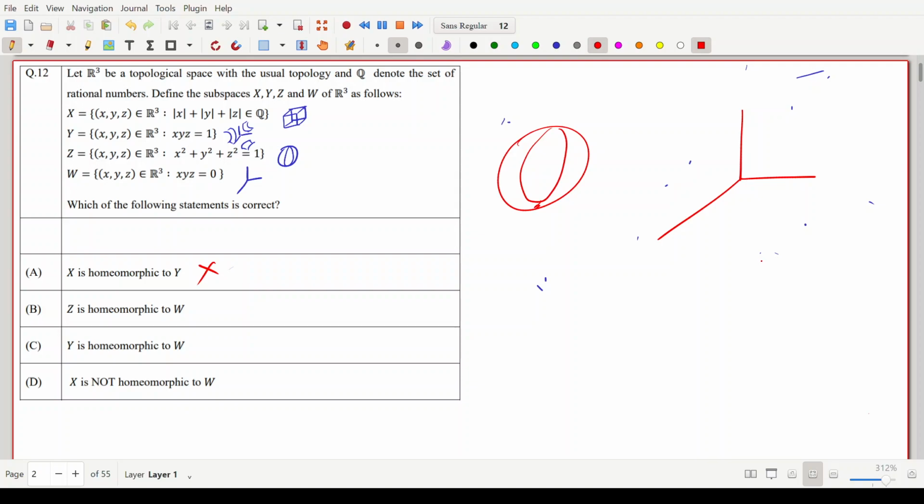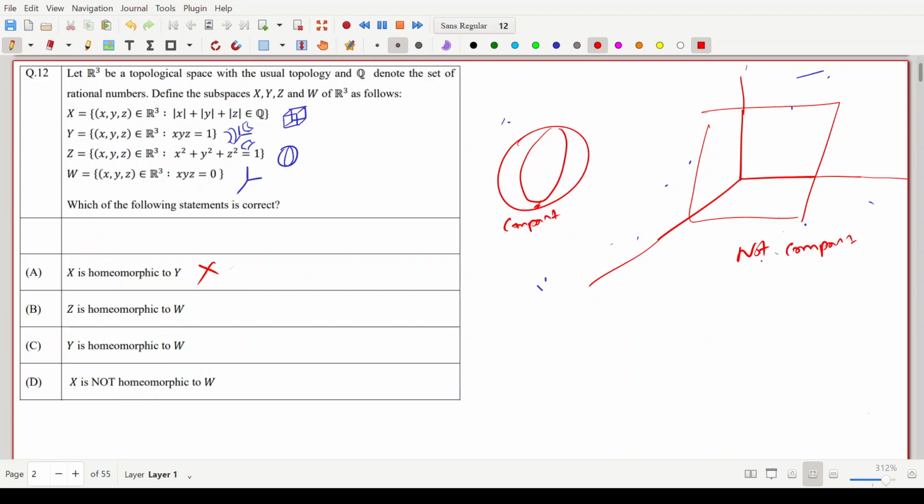If you see, this one is compact, whereas this one is actually not bounded, so it won't be compact. If it is compact, then it will be bounded, but this is not bounded, because this length can be infinite, there is no bound. So this one is compact, this is not compact.